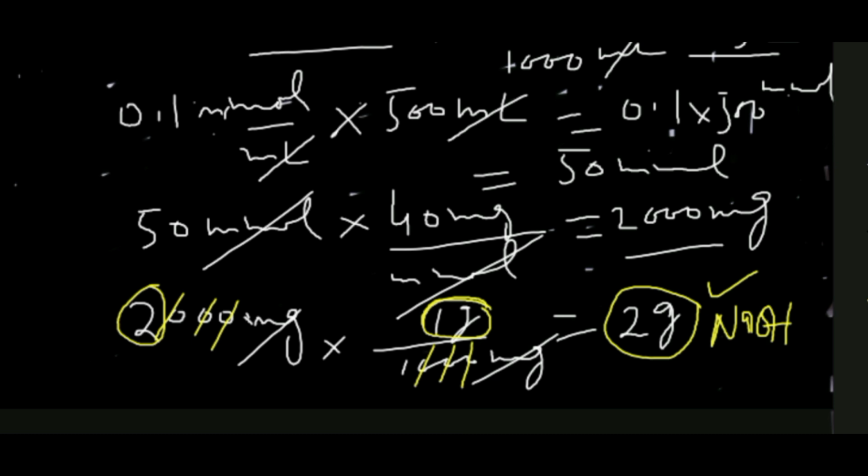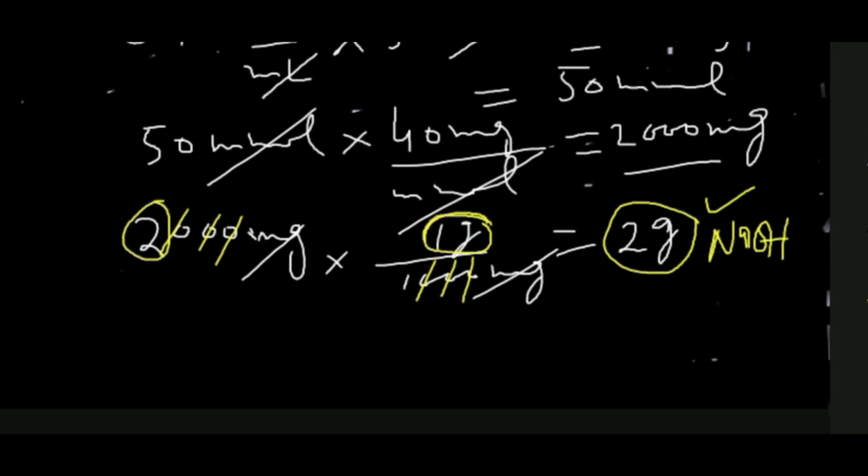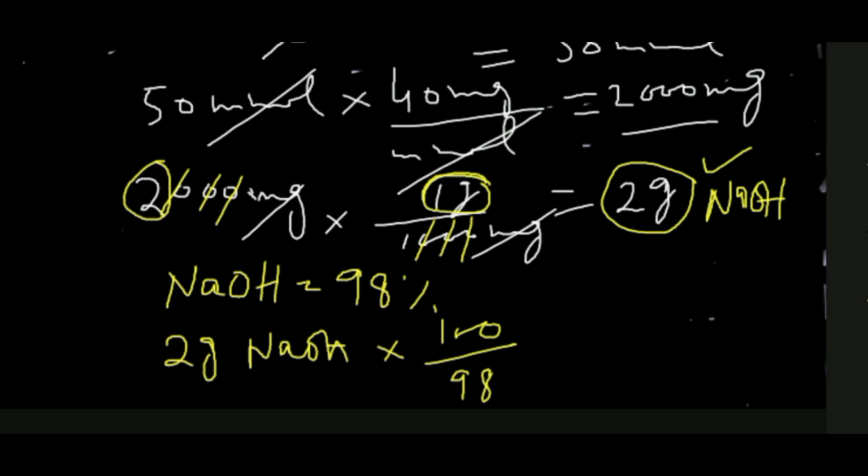But in this case, if the sodium hydroxide we want to take has a percentage purity of, for example, 98%, then what will be done? We will simply multiply the 2 gram of NaOH required by 100 divided by 98.